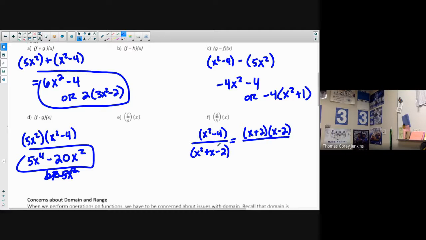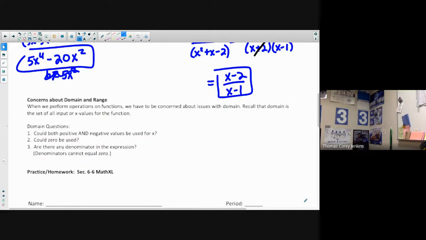And then we said that h of x is equivalent to x plus 2 times x minus 1. All right, so x plus 2 over x plus 2, that's just equal to 1 over 1, right? So really my final answer in simplest terms is going to be the quantity x minus 2 over the quantity x minus 1. So with division, that's where the factored form comes back into play.